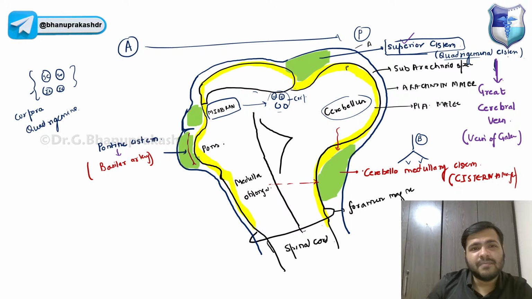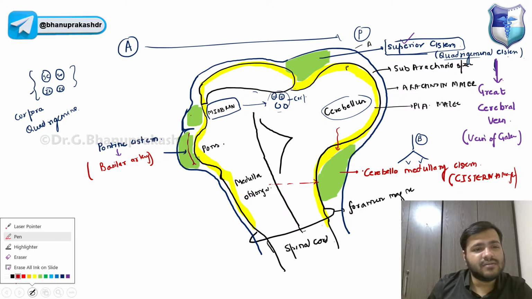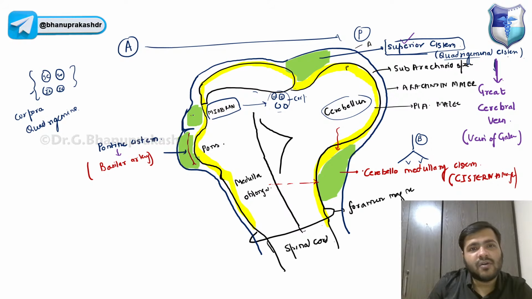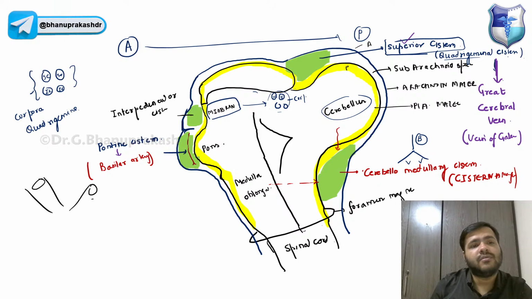Now in front of the midbrain, guys, we have another cistern. That is called the interpeduncular cistern. I don't even need to tell you because we have discussed the interpeduncular fossa also. It is like the crus cerebri of the midbrain.